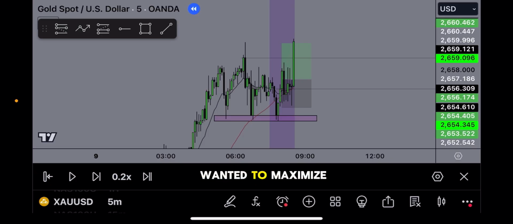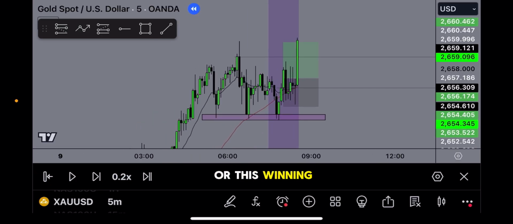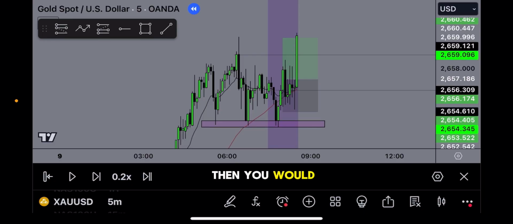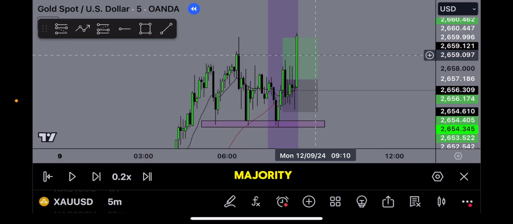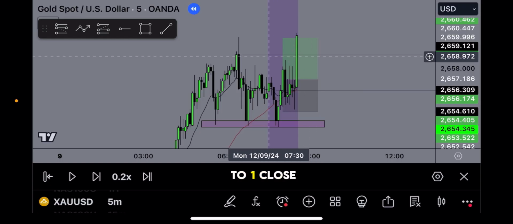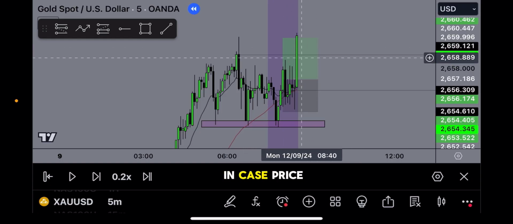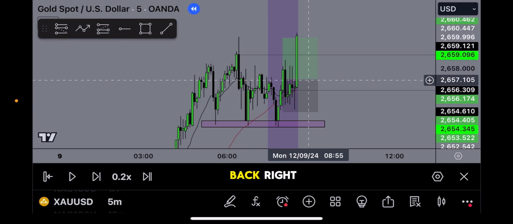Now, if you wanted to maximize the most out of this winning setup or this winning trade, then you would have closed out the majority of the trade position right here at your 1-to-1, close out 80% or 50%, make sure you secure profits in case price decides to come back, right?